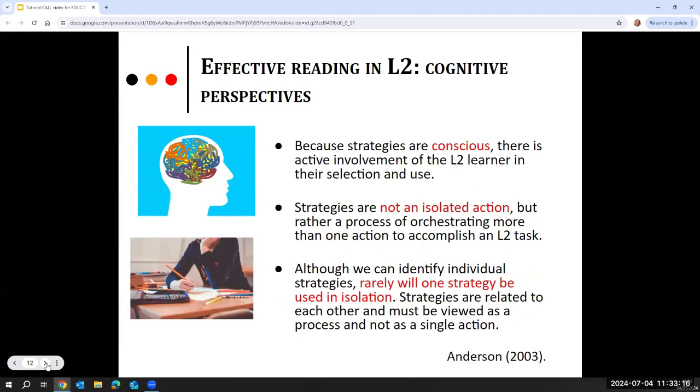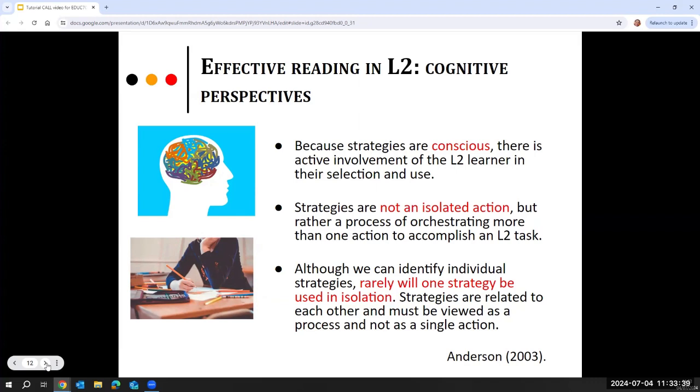Because strategies are conscious, then there is active involvement. So you're not just passively taking in input when you read or when you listen to conversations. You are actively trying to understand, decode, comprehend the message.